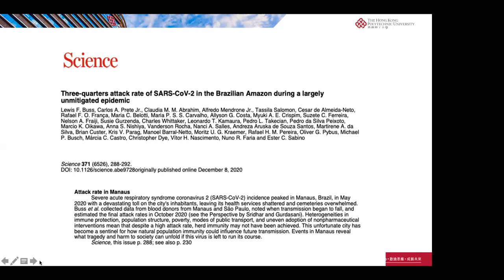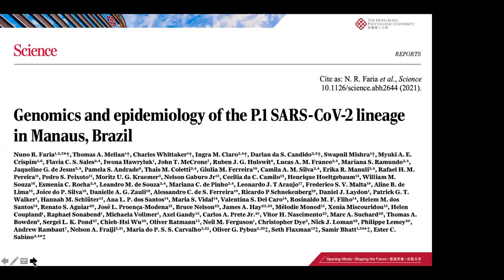After that, they claimed that in November 2020 more than 75% of the population had already been infected. After Science published that work, there was an even higher wave in Manaus, with even higher mortality.